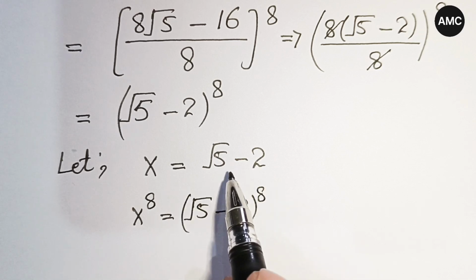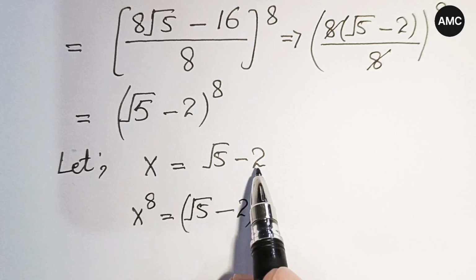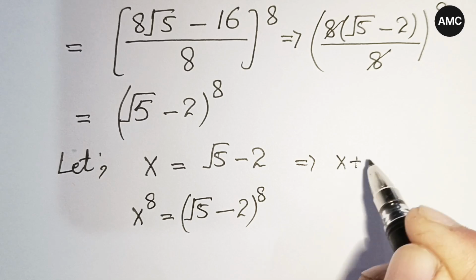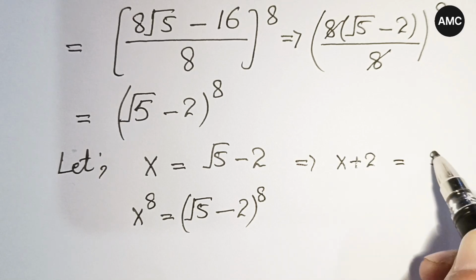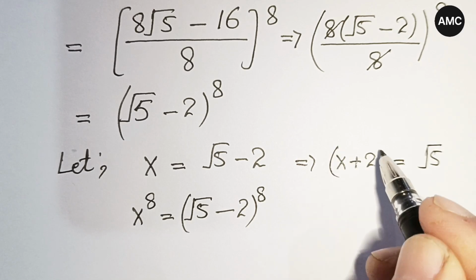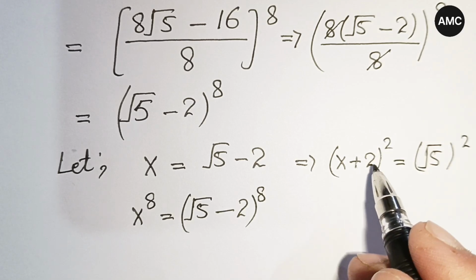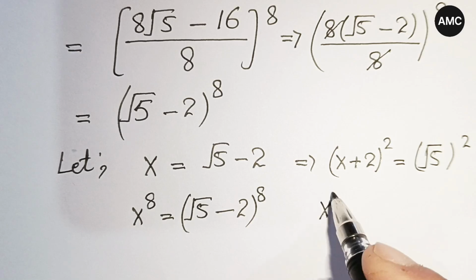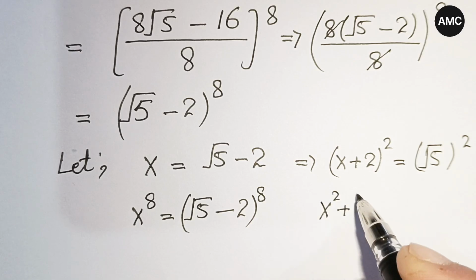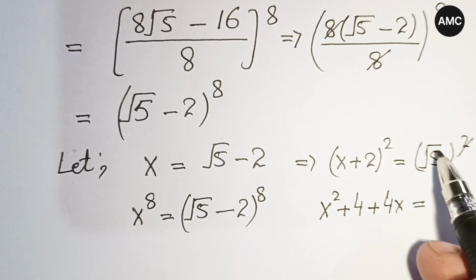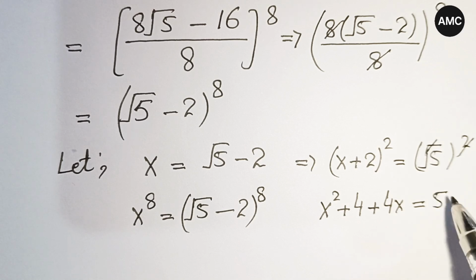So from this equation, if we shift this minus 2 to our left hand side, then it will be x plus 2 is equal to square root of 5. Now taking square on both sides, we have x plus 2 whole squared will be x squared plus 2 squared is 4, plus 2 times 2 is 4 times x is equal to, cancelling square with square root, 5.